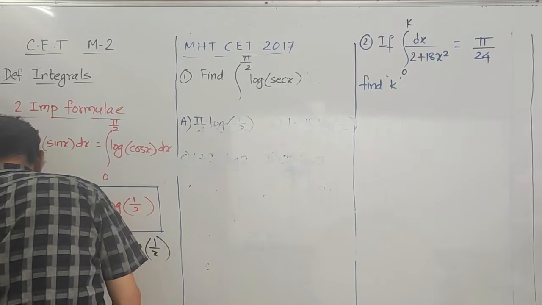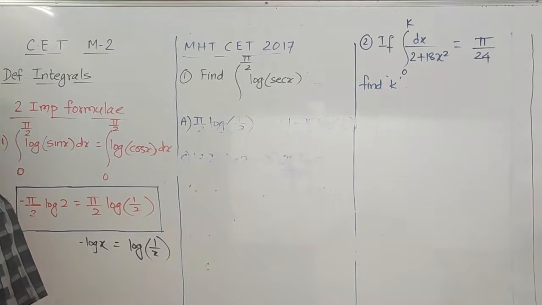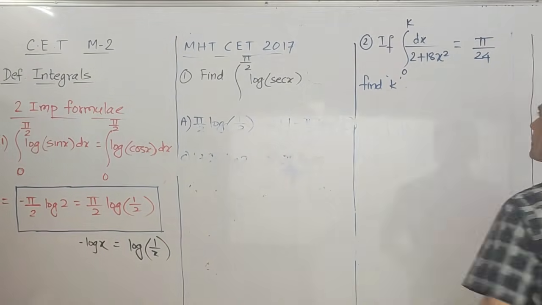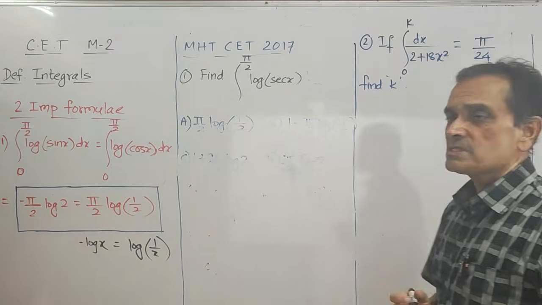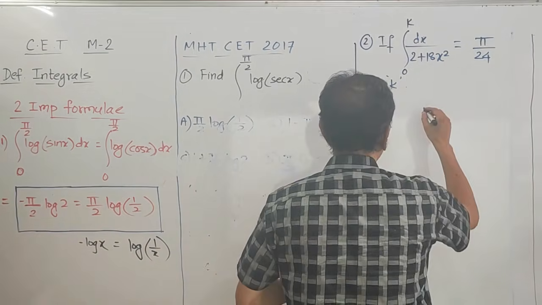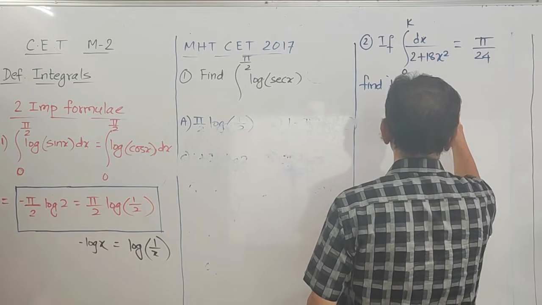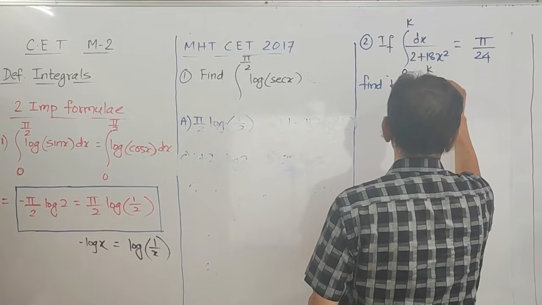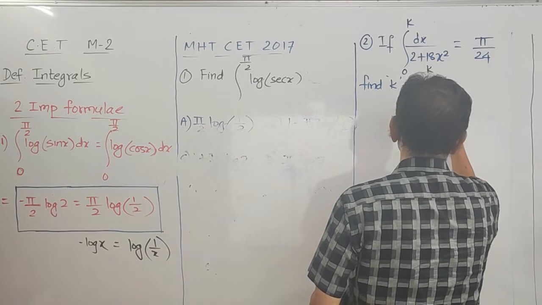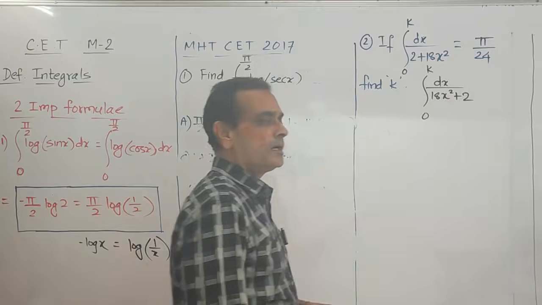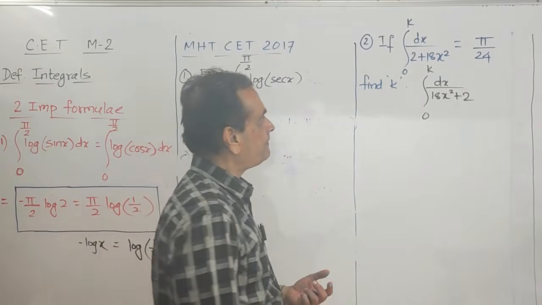Okay, let's start. You have to find this. So first thing is our standard rule. I'll write this as x squared पहला लिखा है.